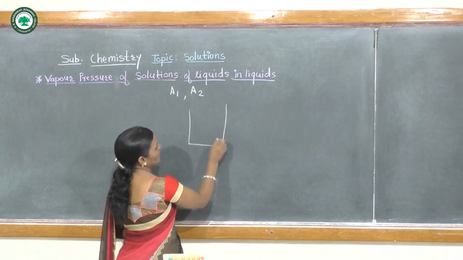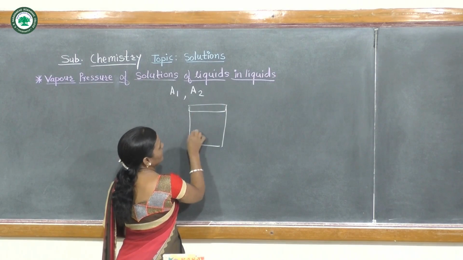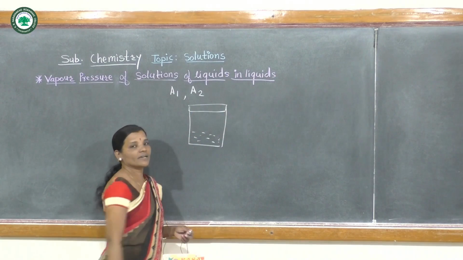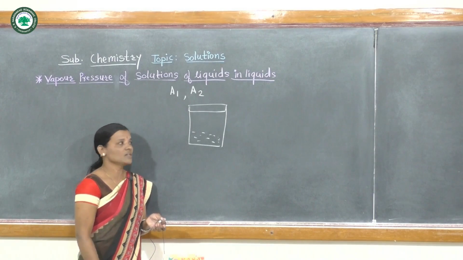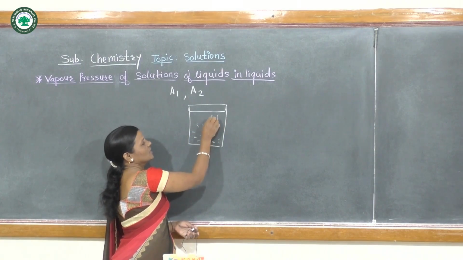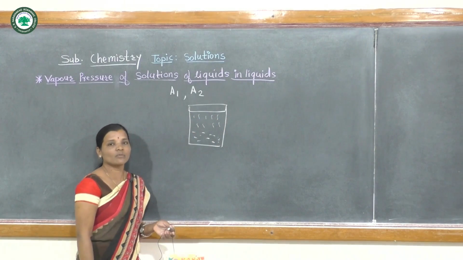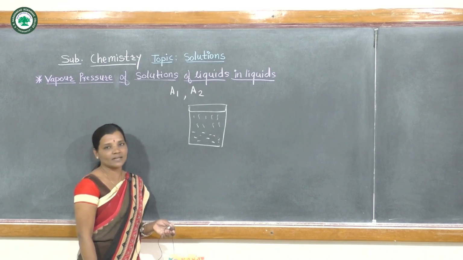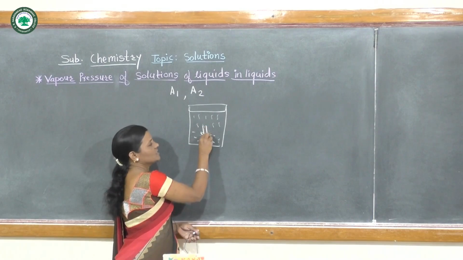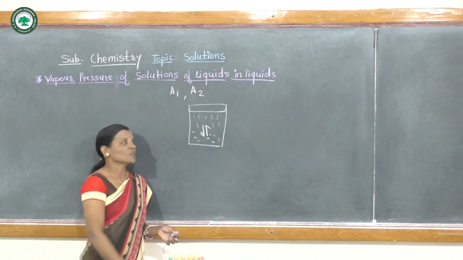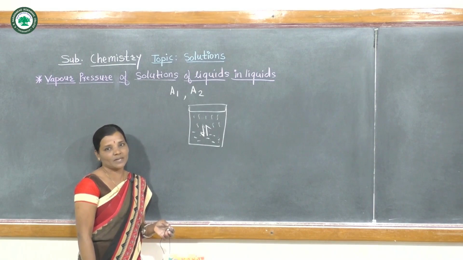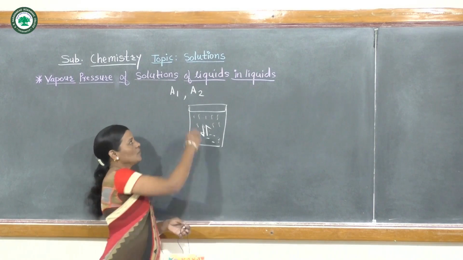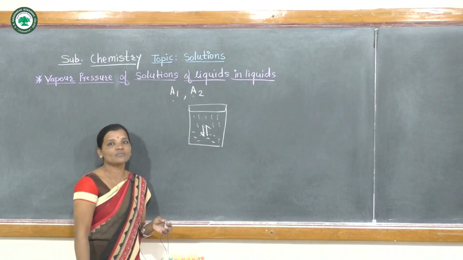Consider both these volatile components kept in a closed container. Both liquids A1 and A2 are volatile in nature, so they undergo vaporization and there exist vapors over the surface of liquid in a closed container, and at one stage there exists an equilibrium between vapors and liquid state of both the liquids, and hence there should be a relationship between the partial vapor pressures of both these liquids and their mole fractions.